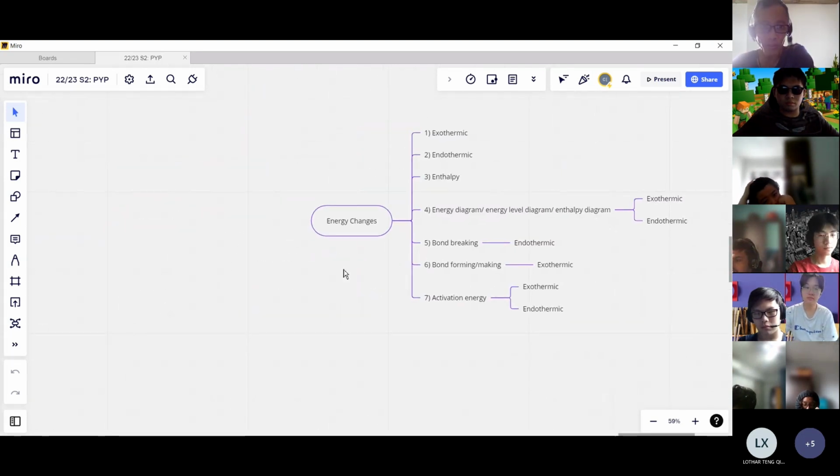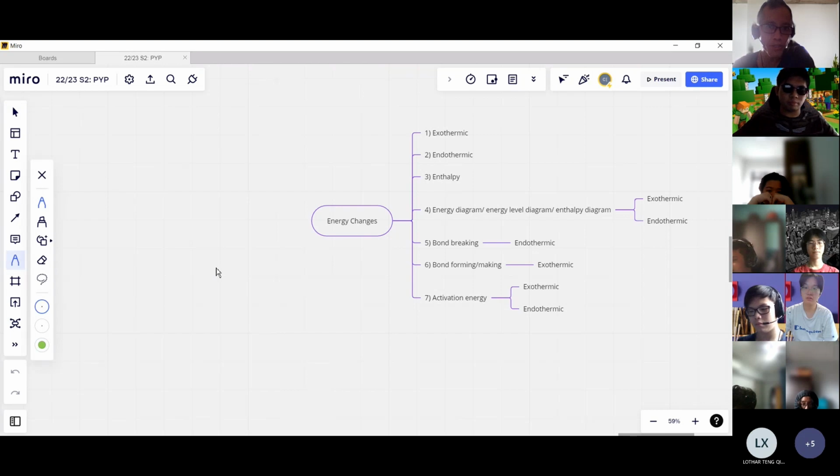Maybe I just quickly write it down. So basically, there are 3 major topics for this term. This would be the first one. Second one would be on rate of reaction or speed of reaction. And the last topic will be on redox reactions.